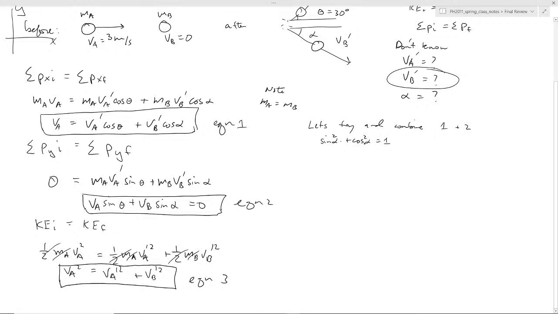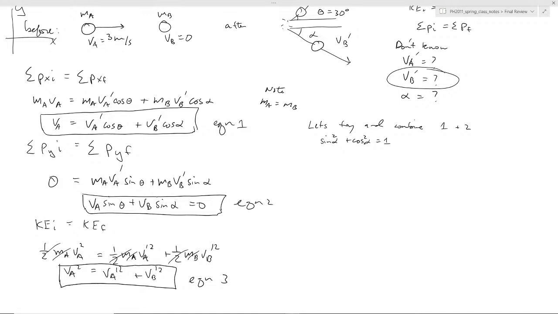So this would allow us, if we have cosine, we can express cosine alpha in terms of this other stuff. We can express sine alpha in terms of that other stuff. And we can combine them together, and that'll equal 1, and that will allow us to eliminate alpha. So let's give that a shot.